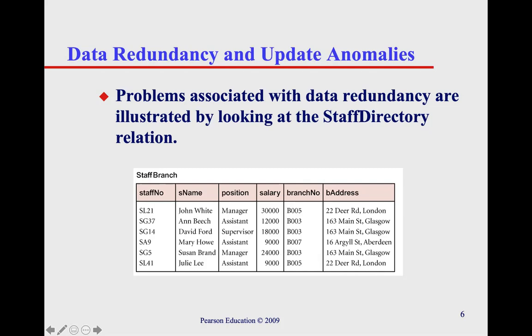The staff directory lists the staff number, their name, their position, their salary, the branch number they work at, and the branch address. That's contained in some file or printed somewhere. Based on that, you tentatively design a relation that looks like this, because that's the way the directory was set up. And you call it the staff branch relation.